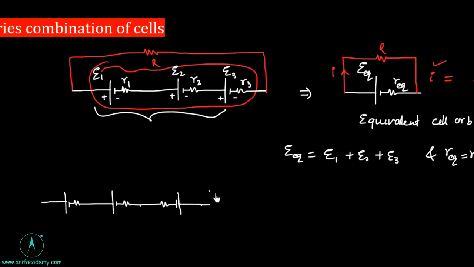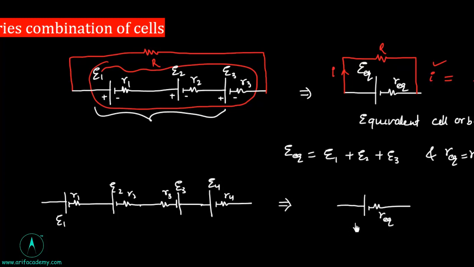Suppose I have four cells, E1 R1, E2 R2, E3 R3, E4 R4, and I am going to replace them like this: R equivalent, E equivalent.